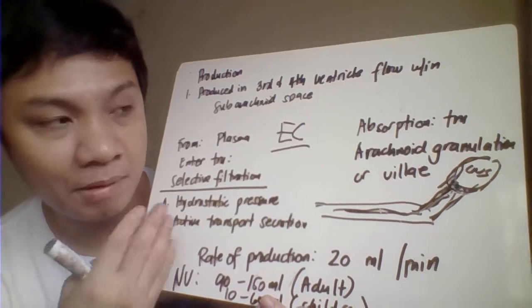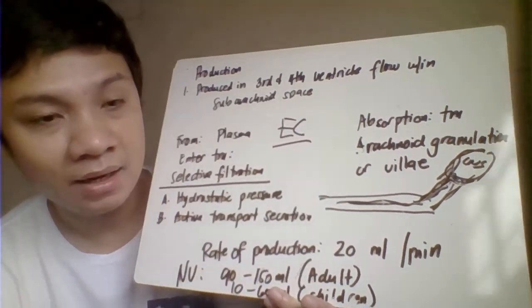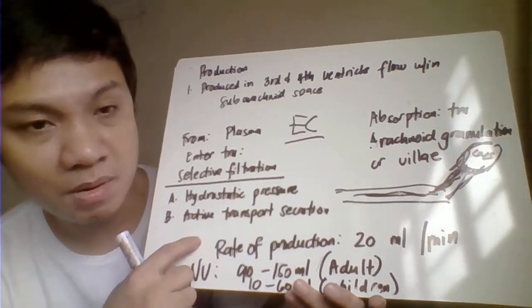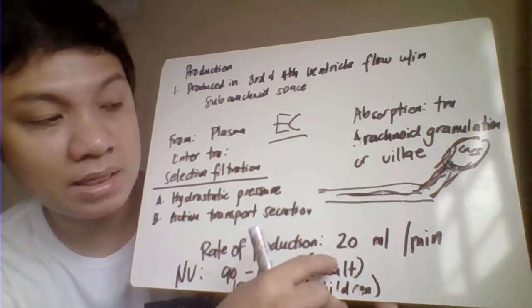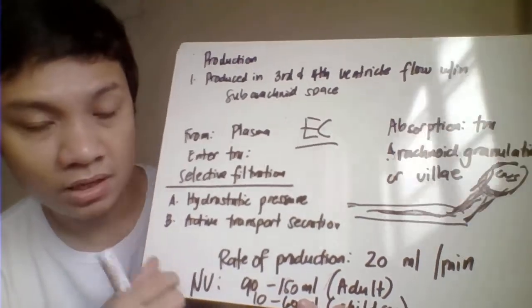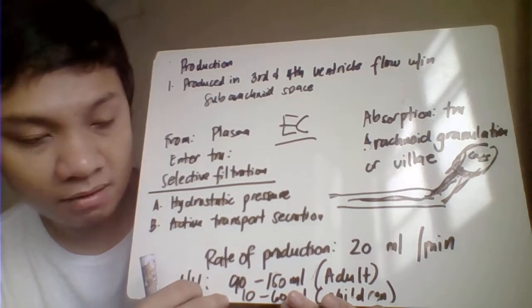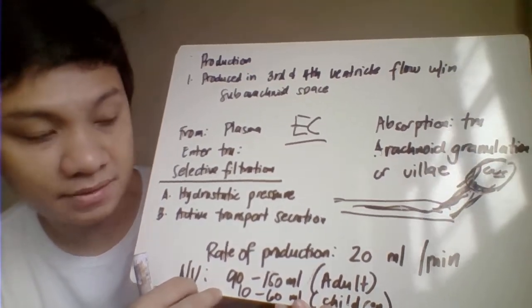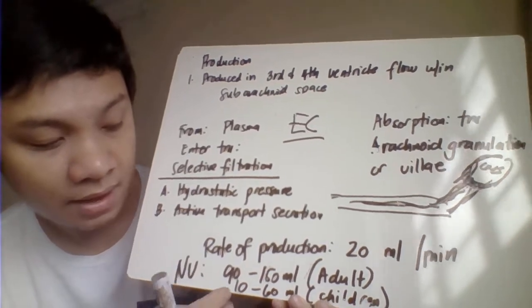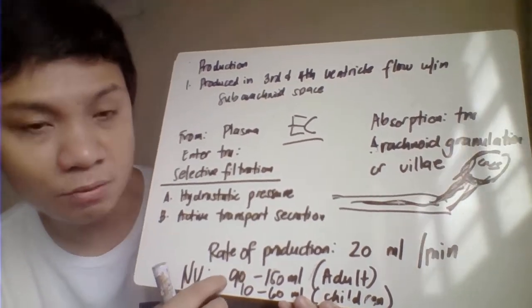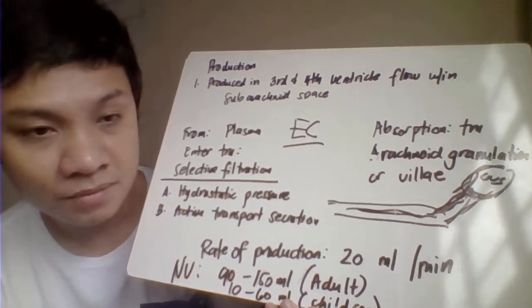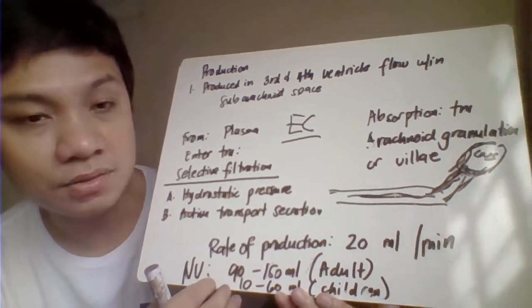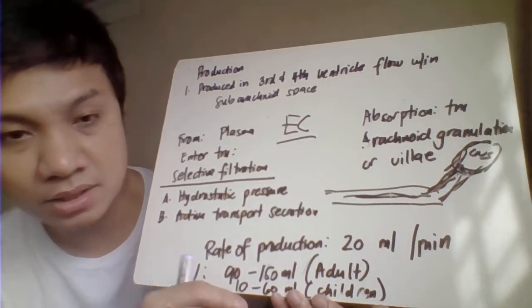Therefore, if something enters, something must also leave. Basically, the CSF is produced at a rate of 20 ml per minute, in order to maintain the normal volume of the CSF within your CNS, at 90 to 150 ml for the adult patient, and 10 to 60 ml for the children.